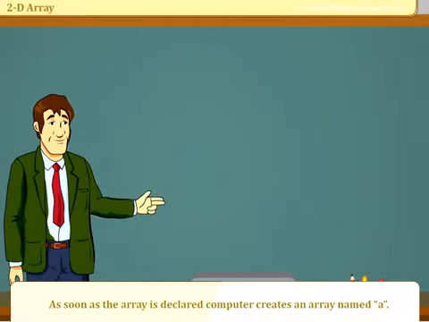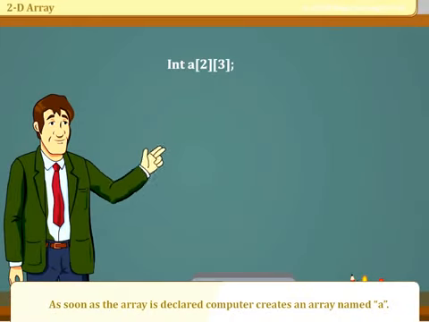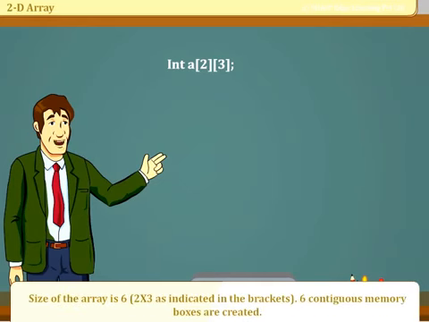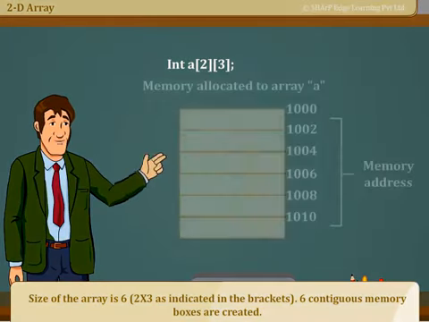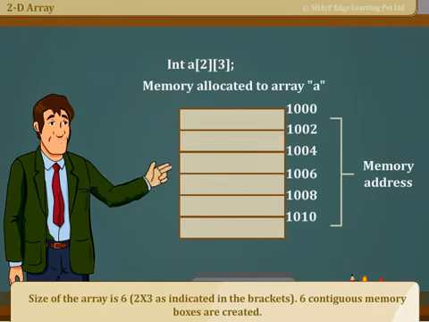As soon as the array is declared, the computer creates an array named A. The size of the array is 6, that is 2 cross 3, as indicated in the brackets. 6 contiguous memory boxes are created.